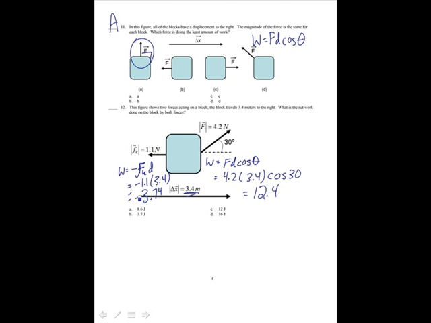Now, combining those two gives me 12.4 minus 3.74, which is 8.6 joules. So for number 12, the answer is A.